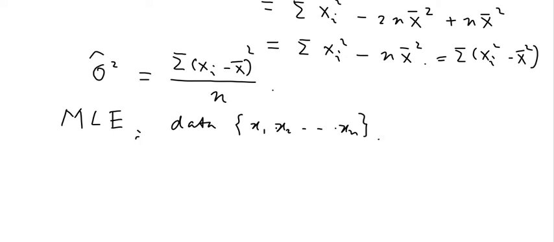So what is the likelihood function? The likelihood function is related to mu and sigma. It is just like the probability of taking x1, x2, up to xn, just like in a discrete situation.